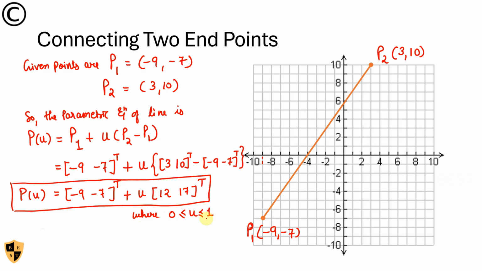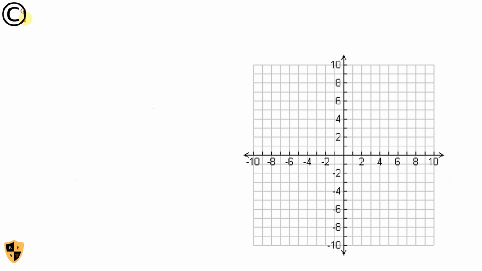So if I put, let's say, U equal to 0, right? Now we are going to visualize how, using this line, we can get all the points. Using this equation which we got, I am going to solve for the different points on this line. So I'm again writing that equation.